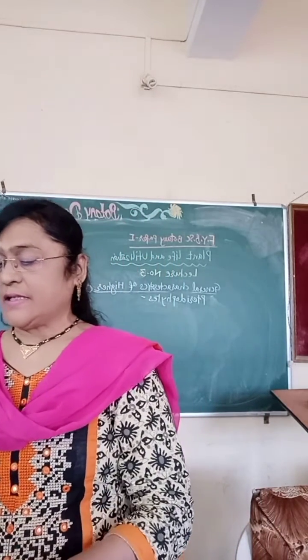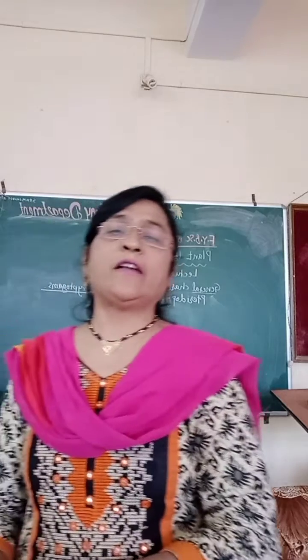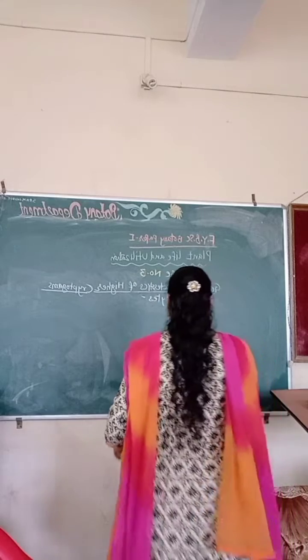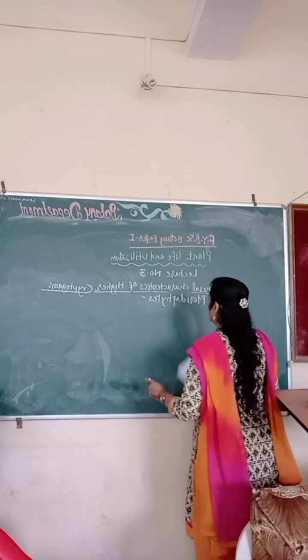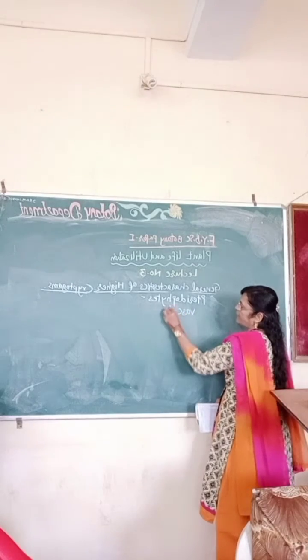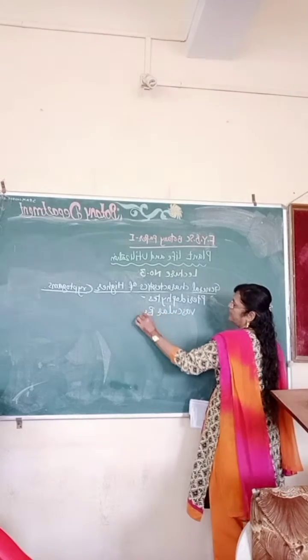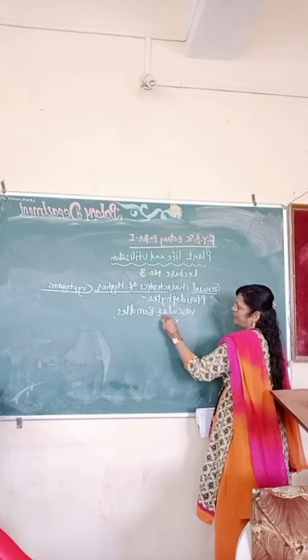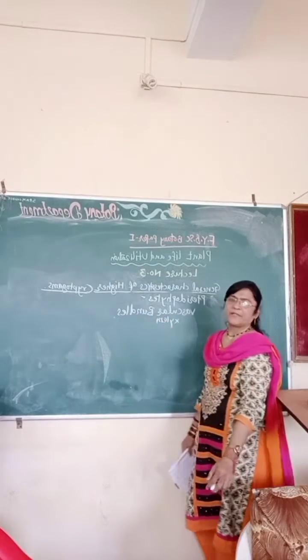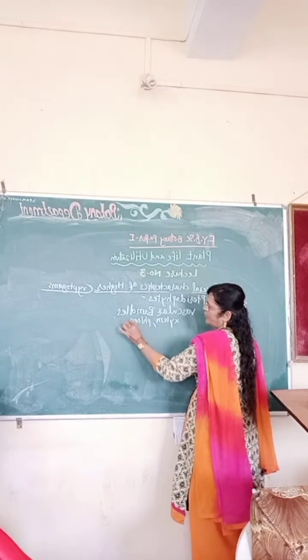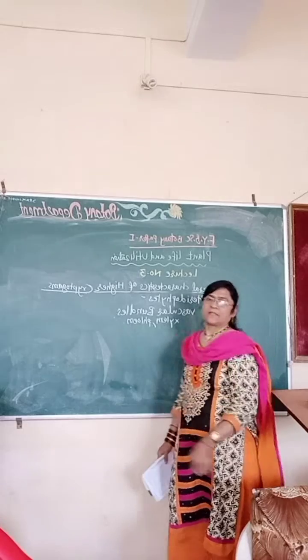See, what is the characteristic of this? These are the vascular cryptogams. They contain vascular bundles, which means there is the presence of xylem and phloem. Xylem and phloem are present, and that's why these are called vascular plants.